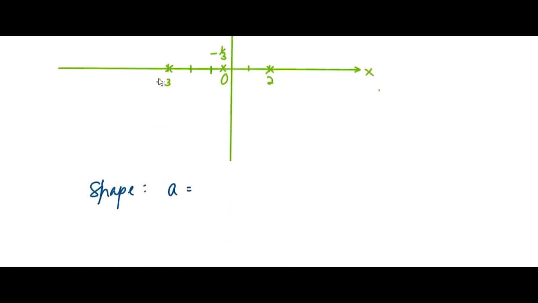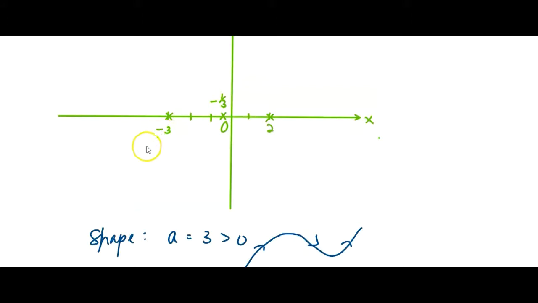So this a is positive, where your shape of the graph will be up, down, up. Meaning that your graph will pass through negative 3 and reach a local maximum, it will go down and continue going down and then reach the local minimum and go up. Okay, so this is your graph.